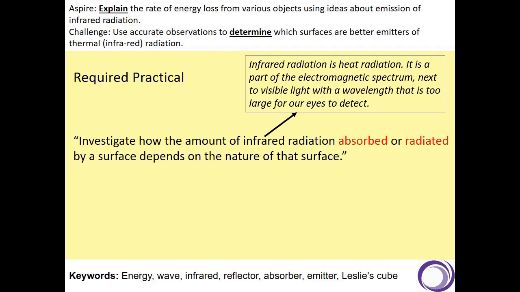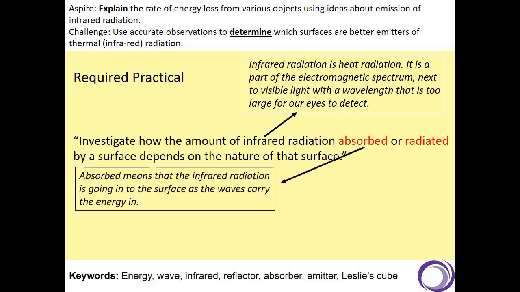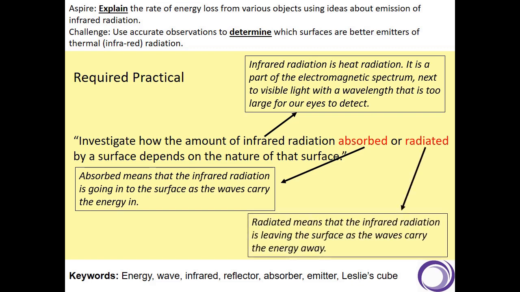So we know what infrared radiation is. Infrared radiation is heat radiation. It's part of the electromagnetic spectrum. Hopefully you'll be able to put down where it is. It's next to visible light and its wavelength is larger than visible light, so we can't see it. Absorbed means that the infrared radiation is going into a surface, and radiated means coming out.